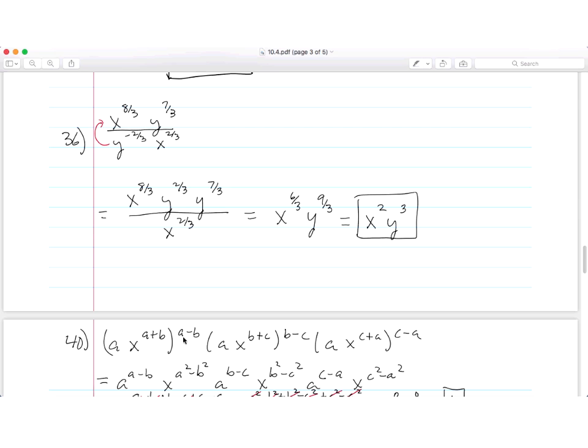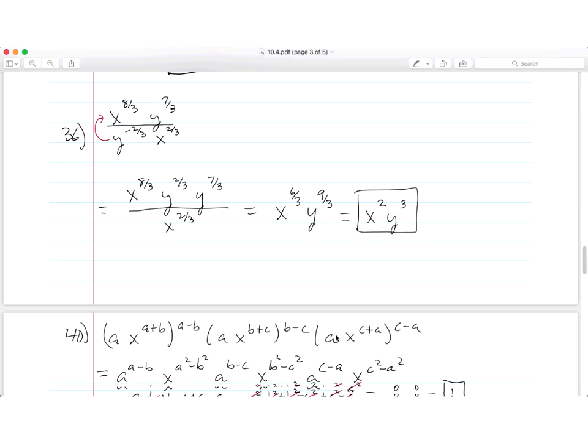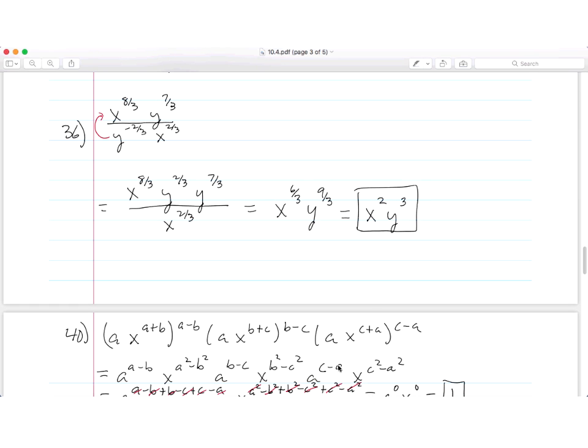This is, again, a special product formula. It's the product of the sum and difference of two terms. And so it's equal to the difference of their squares, a squared minus b squared. Again, x to the power b minus c, these are the product of the sum and difference of two terms. And so the product will equal the difference of their squares, b squared minus c squared. Lastly, we have the same thing, x to the power c minus a. Well, this last product is the product of the sum and difference of two terms, which equals the difference of their squares, c squared minus a squared.